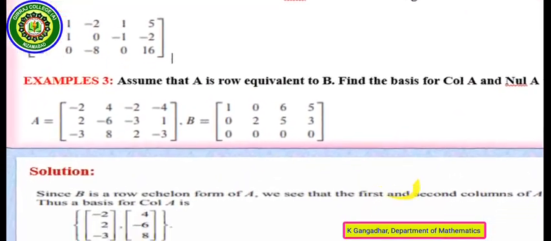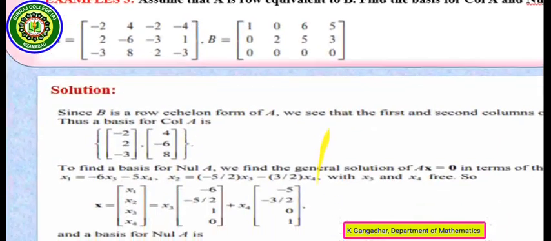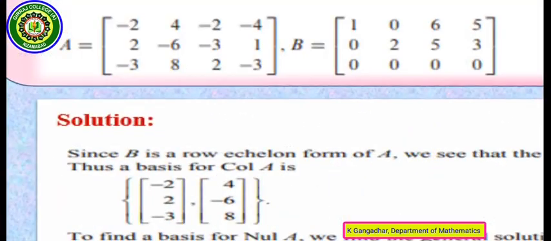So here, assume that A is row equivalent to B, that is, B is the upper triangular or echelon form of matrix A. So here we directly find the basis for Col A. What is the definition of basis for Col A?